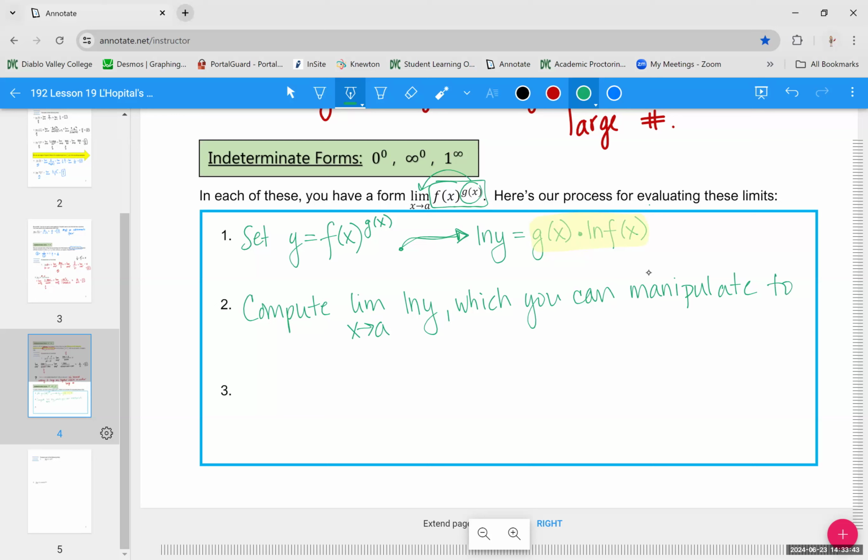So you'll be able to manipulate that to 0 over 0 or infinity over infinity, apply L'Hopital, get your limit.